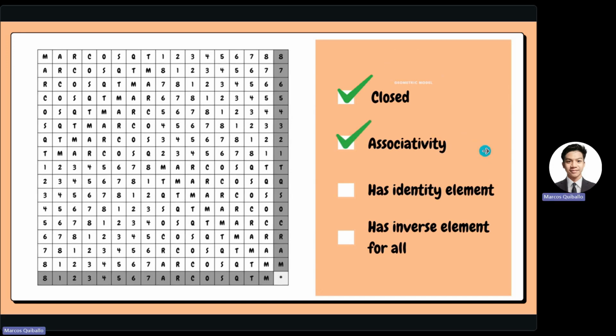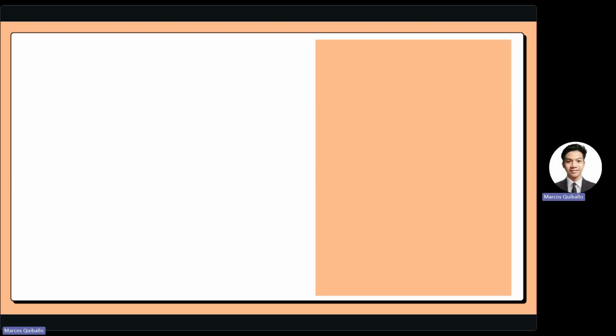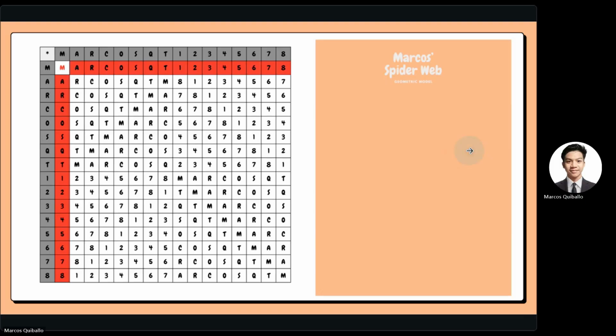So next, let us verify if it has an identity element. Based on our table and using our general formula, x star e is equal to x, where e is our identity element. Using this table, m star m is equal to m, so our identity element here is m.